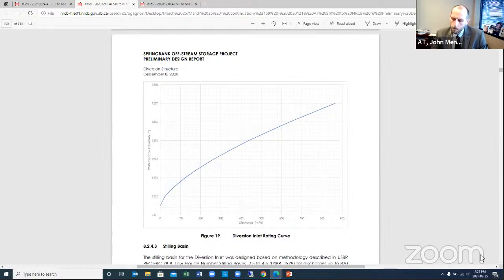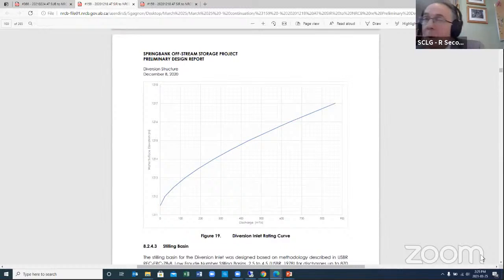That's correct. And so looking at the diversion inlet rating curve at 1217, with a water surface elevation of 1217 meters, I take it then that would push water into the service spillway.